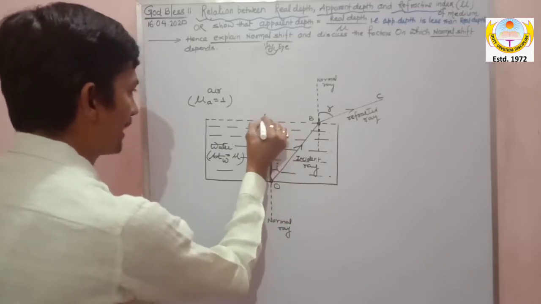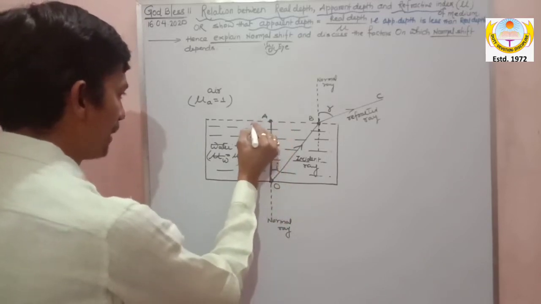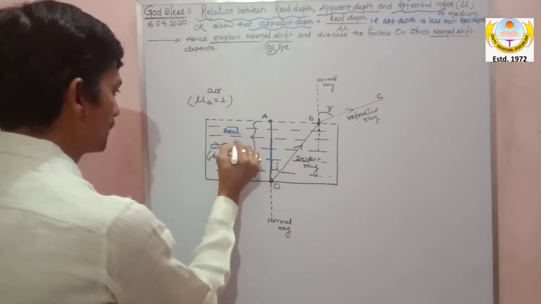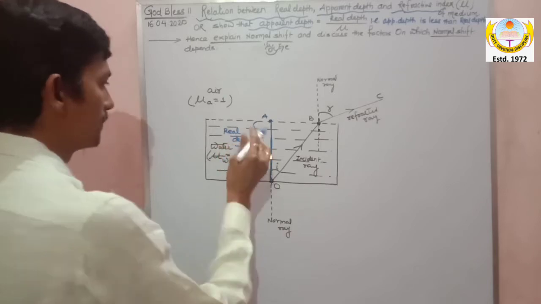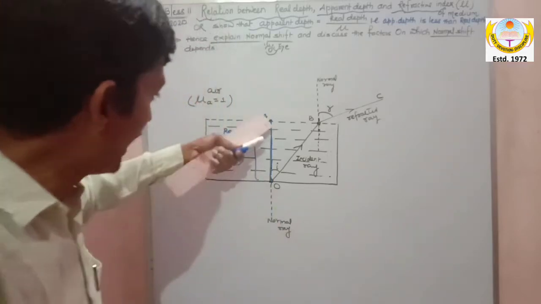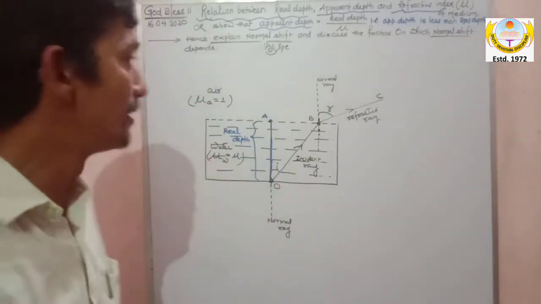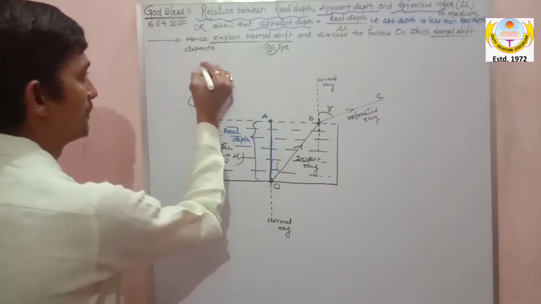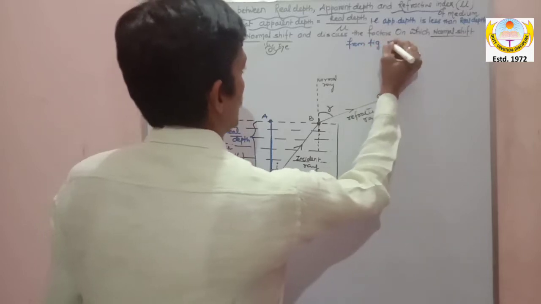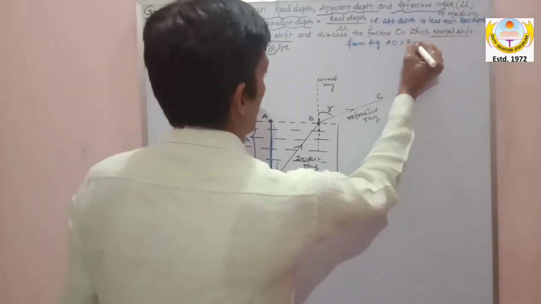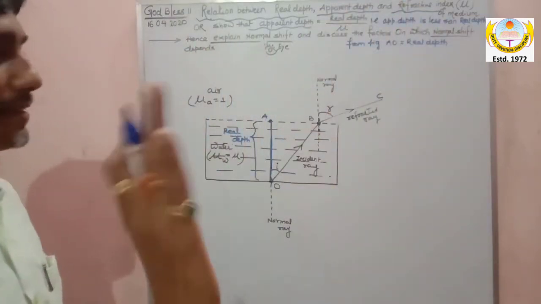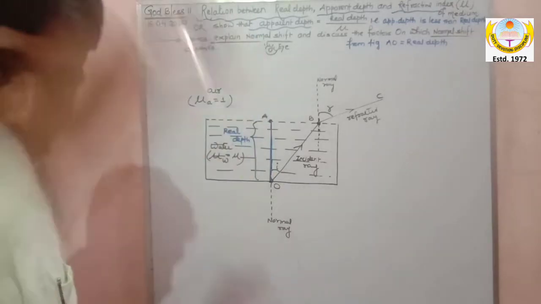Say I mark this point as A. So no doubt, I am sure from here to here is the real depth. AO, from the surface. I said depth is always seen from the surface, so from A to O is the real depth. So I write here from the figure: AO is the real depth. Please note, AO, I have not written OA, AO is seen from the surface.